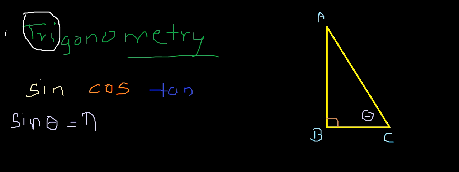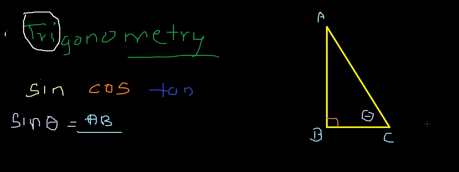We'll use the same colors for your understanding. So AB upon hypotenuse, opposite upon hypotenuse.